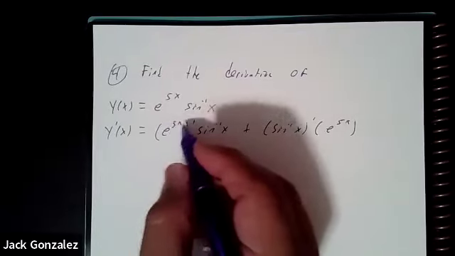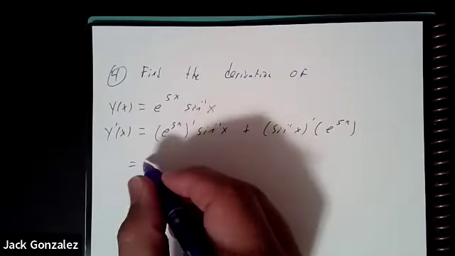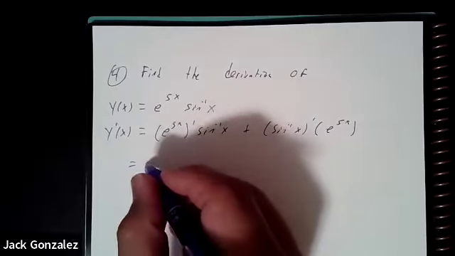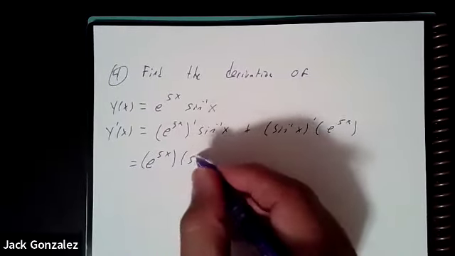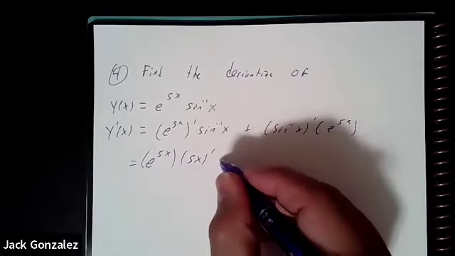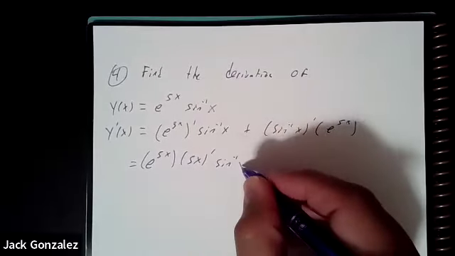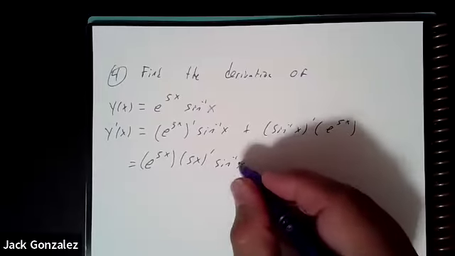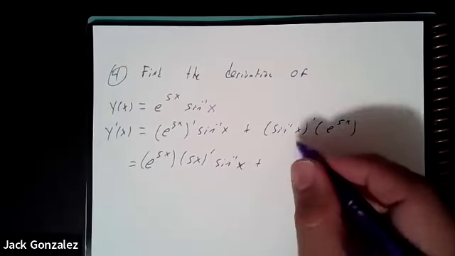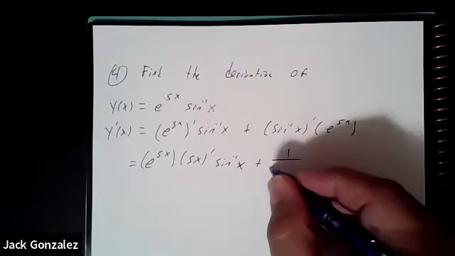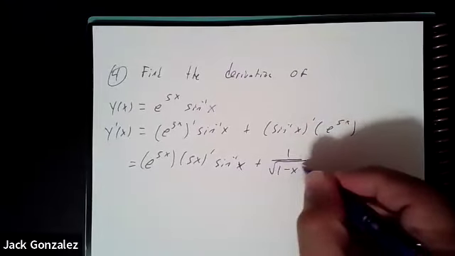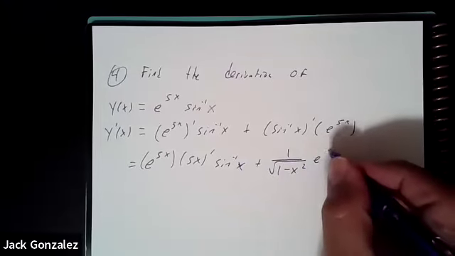So the derivative of e to the 5x will be itself times 5. Here's the chain rule. Plus the derivative of this, we said, would be 1 over square root of 1 minus x squared, times e to the 5x.